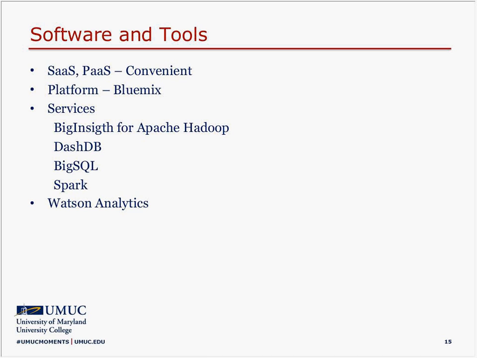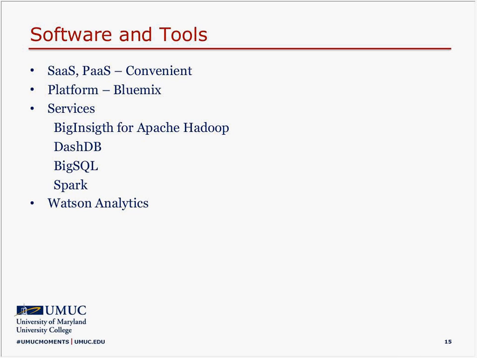I have listed here a very convenient environment. And also for the group project, we will be using Watson Analytics, which is in a different cloud environment. The instructions are also in the classroom.